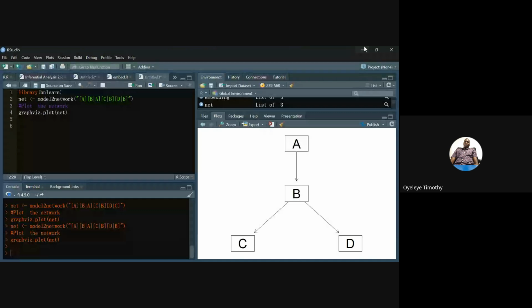Okay, so for that question, when is a path considered to be blocked? I've actually explained it.